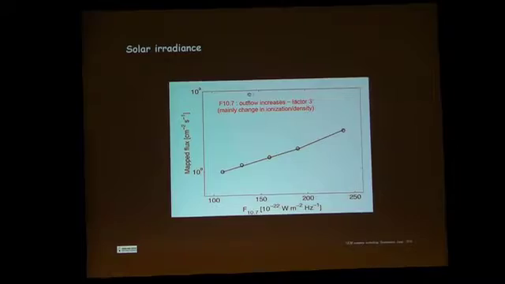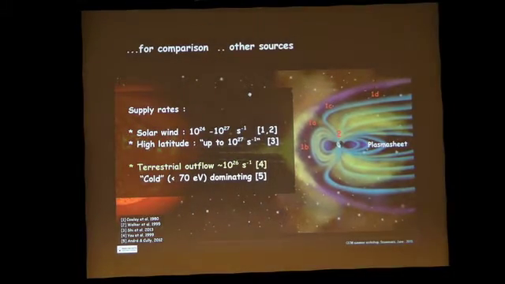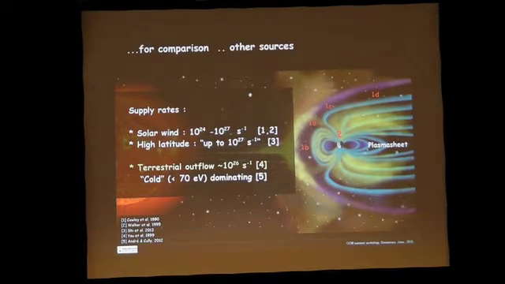Just for comparison, if we look at some other sources of plasma to the magnetosphere, I looked up a few papers and found that the solar wind can contribute 10^24 to 10^27 ions per second, mainly protons, a bit of helium. High latitude up to 10^27.